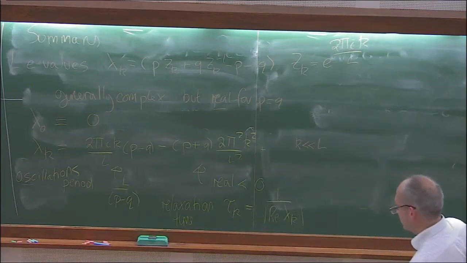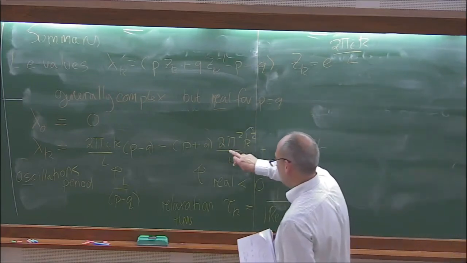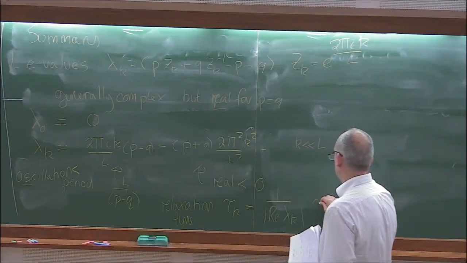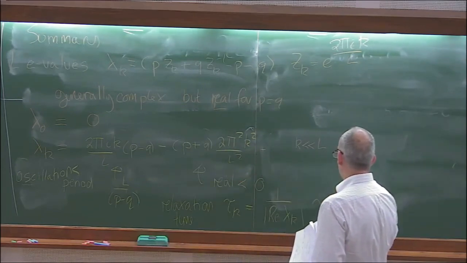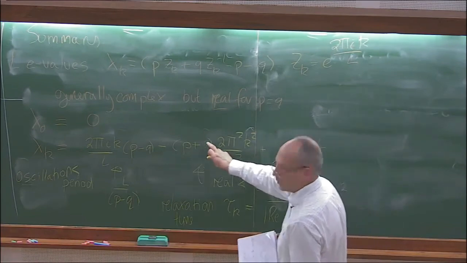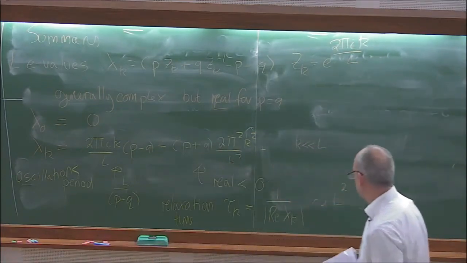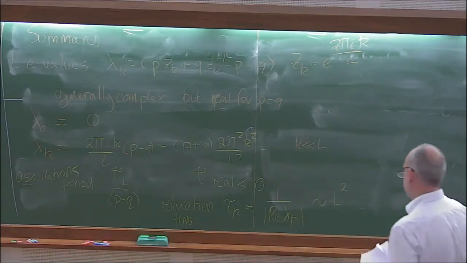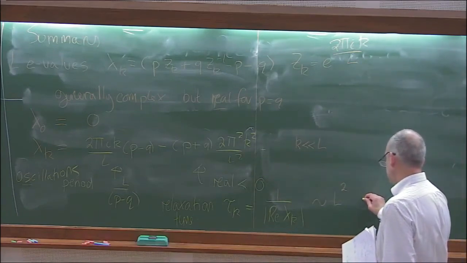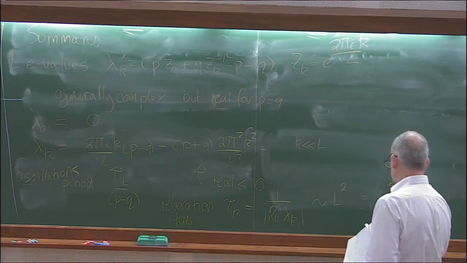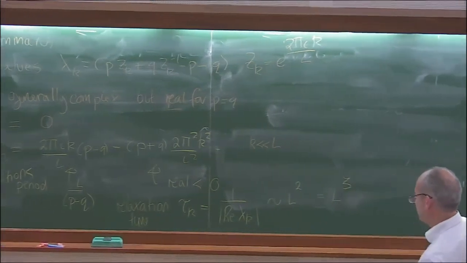And what we see, so this is the real part here, 1 over the magnitude of the real part goes like L squared, multiplied by some other stuff, but basically it's L squared. And that's important because we define this as L to the z. This is a little z.